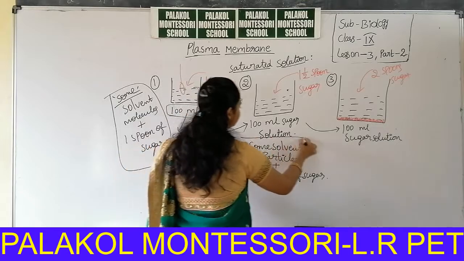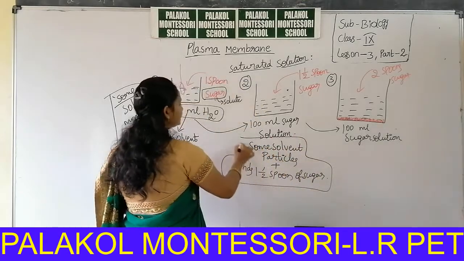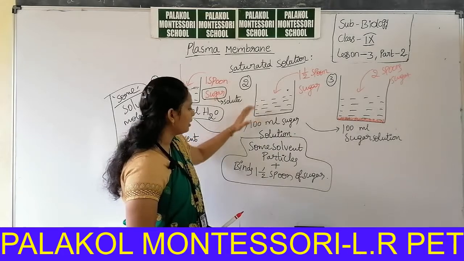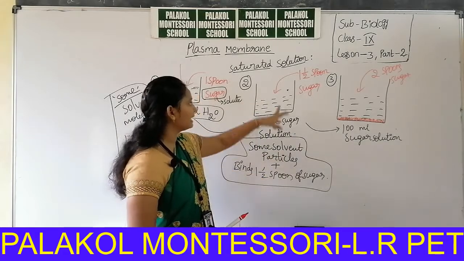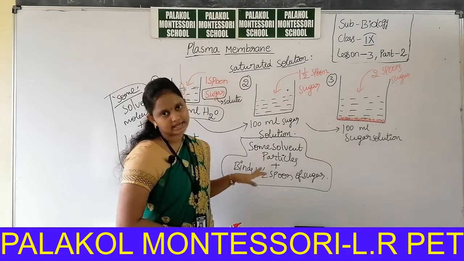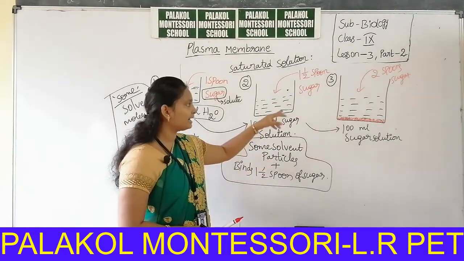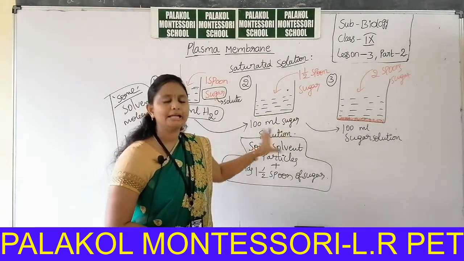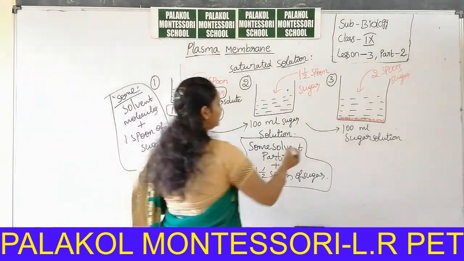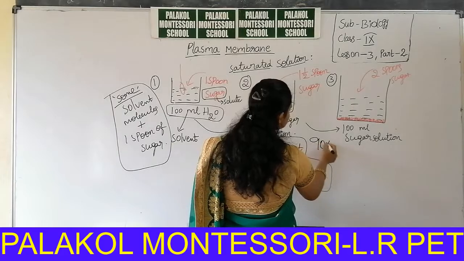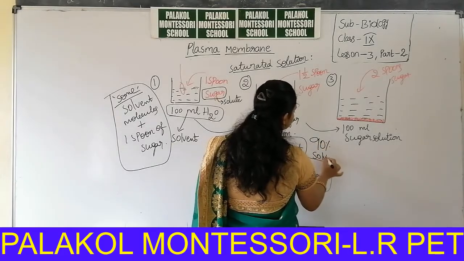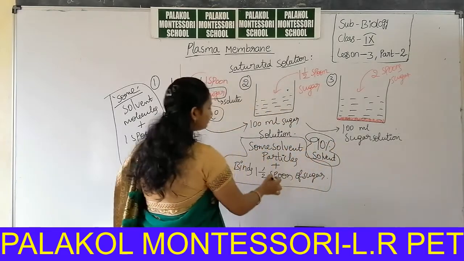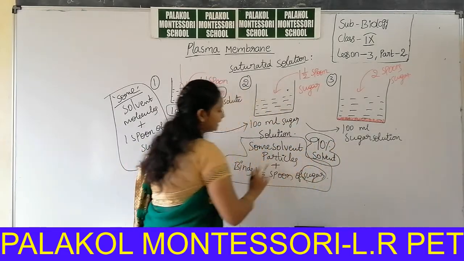Here, the free solvent particles present in that solution also bind with the added sugar particles. Next time, added sugar particles: almost 90% of the solvent is bound with the solute particles.